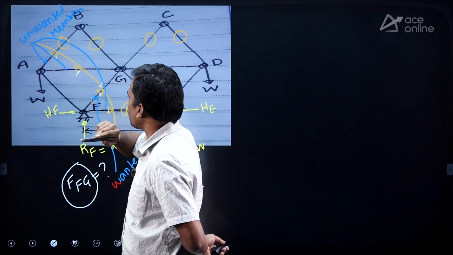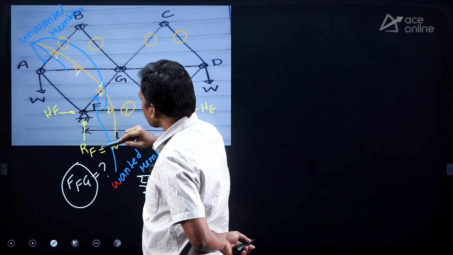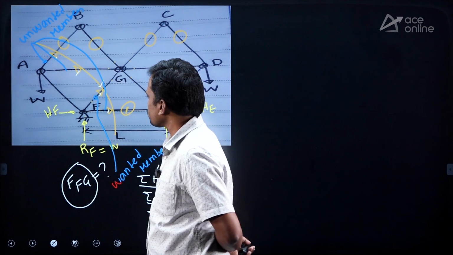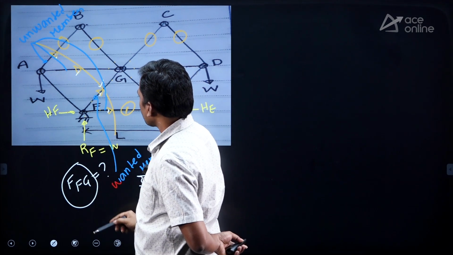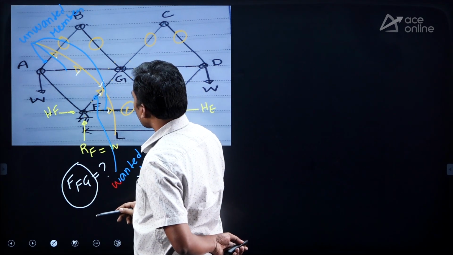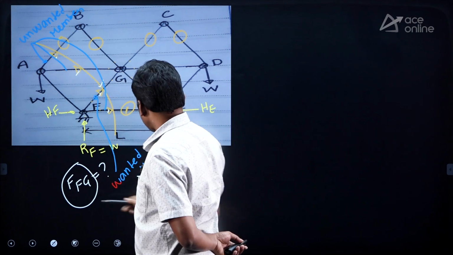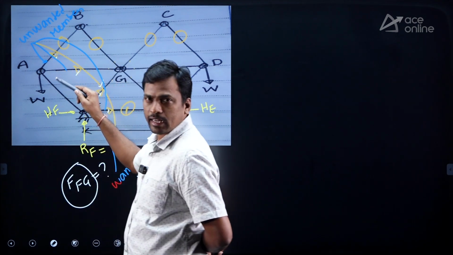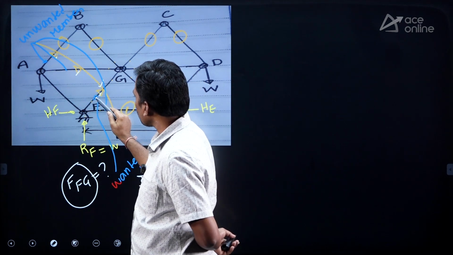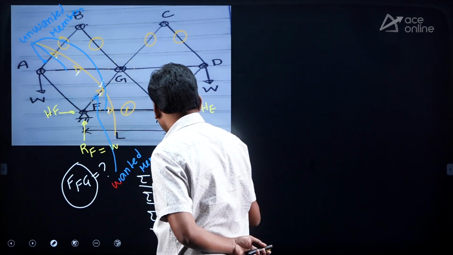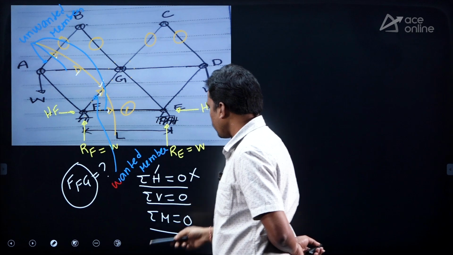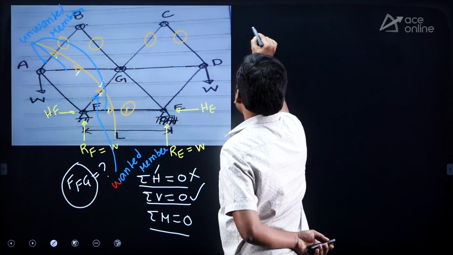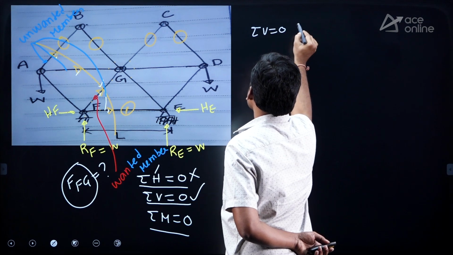So forget about this member. Then how many unwanted members are there? Only 2. So sigma v can apply, right? How many vertical cut members are there? 1, 2. But the force in this member is 0, so directly you can use sigma v equals to 0.